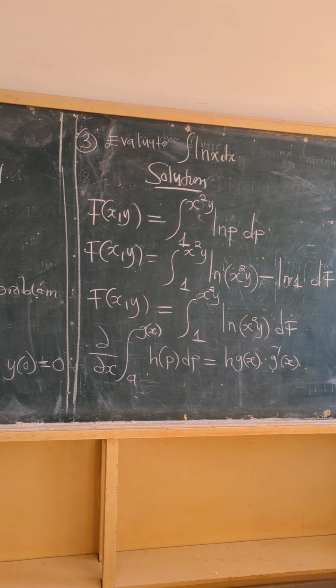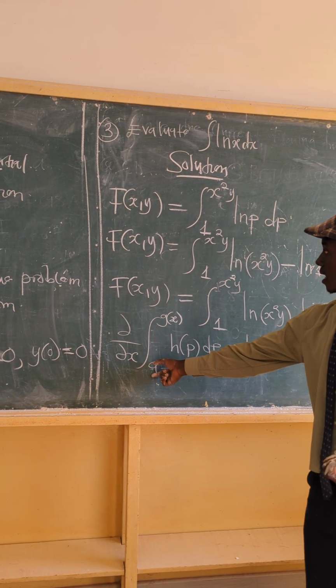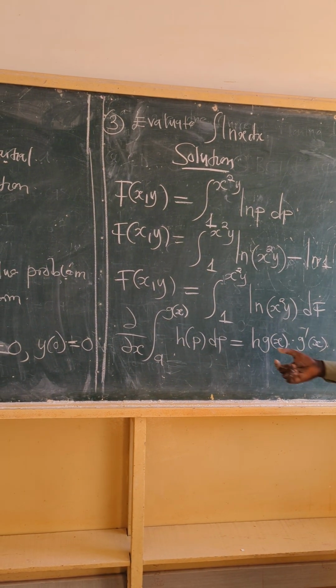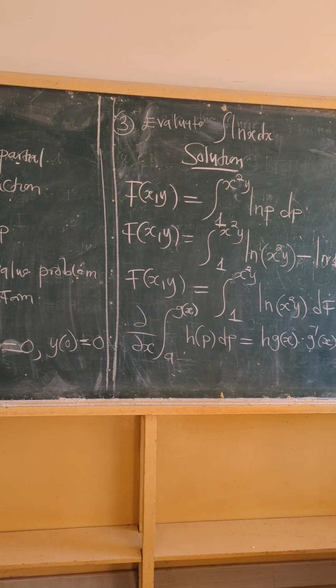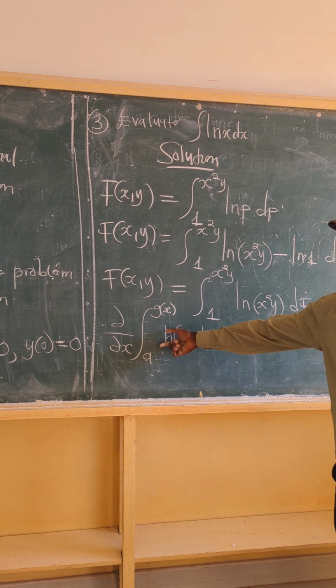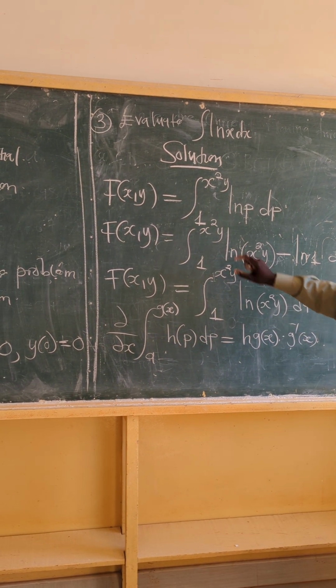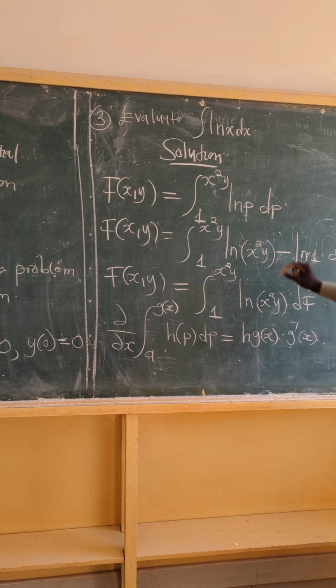What I'm trying to explain here, ladies and gentlemen, is that this a is the one you are seeing there, the g(x) is that part which we have there, the x squared y, and h is the ln p which is there, where there is p, then the dp.